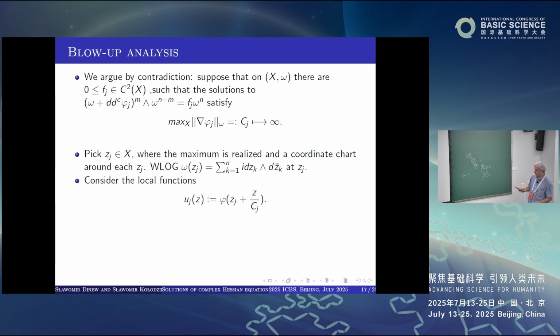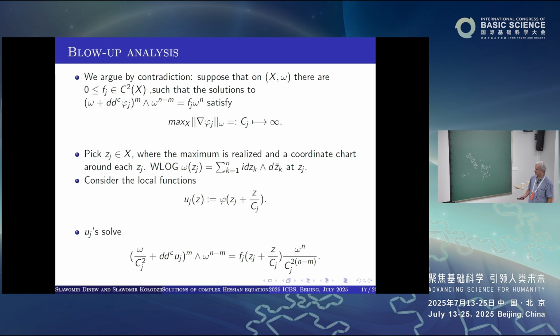And now, having those solutions on the manifold, phi j's, we produce functions in one fixed coordinate chart. So they are defined in bigger and bigger balls because CJs tend to infinity. And if you put these UJs into the equation, you obtain this.